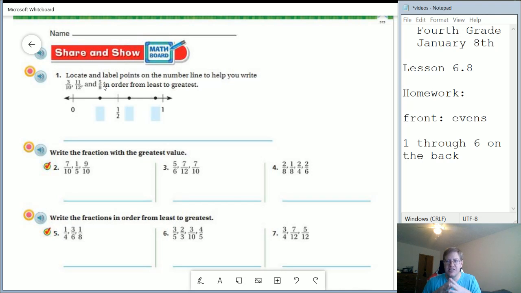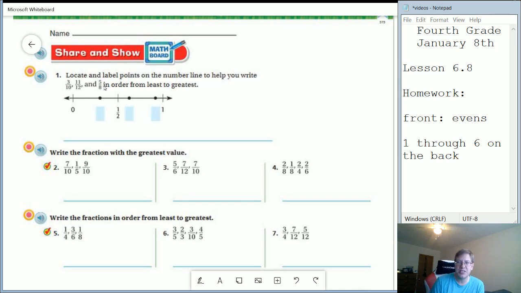And then we can use those benchmarks to help us figure out what the answer could be, all right? So pause the video, go ahead and try to figure out which ones are smaller or greater than 1/2. And then if we have one that's almost a whole, and when you're ready, go ahead and push play and we'll figure out how to plug those in.